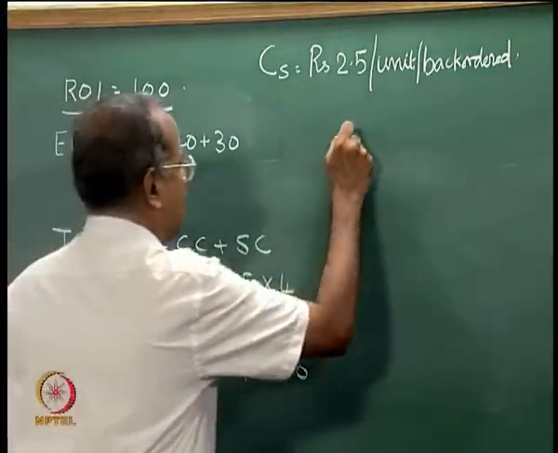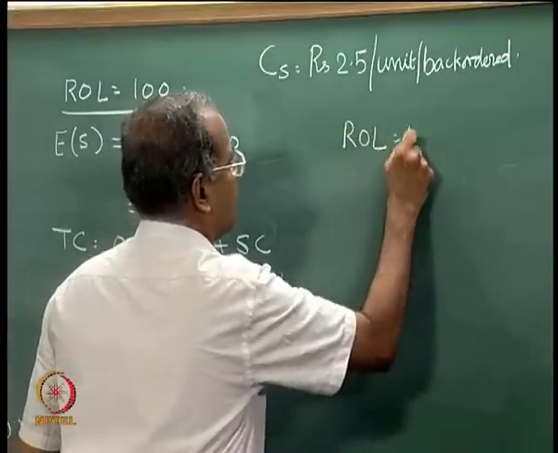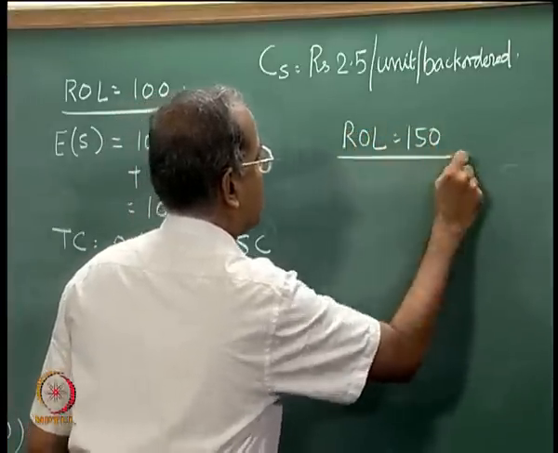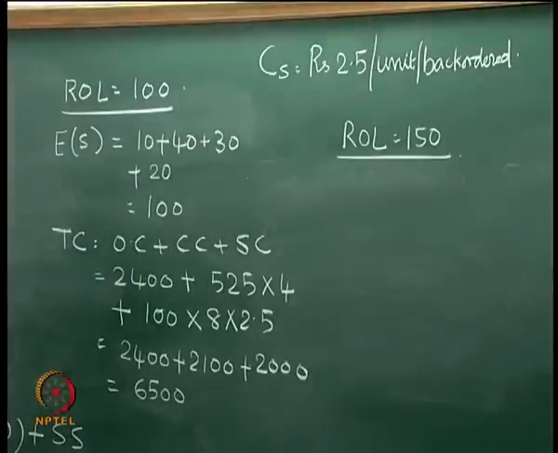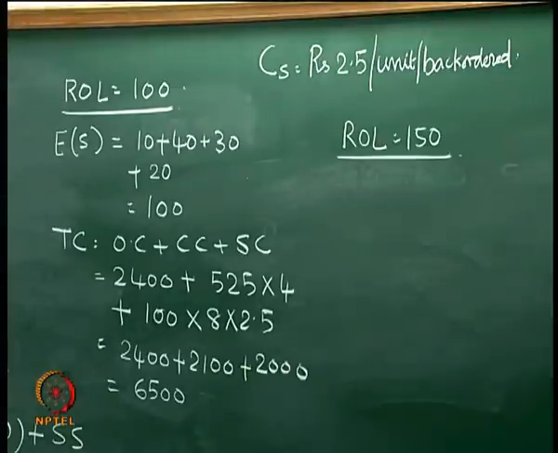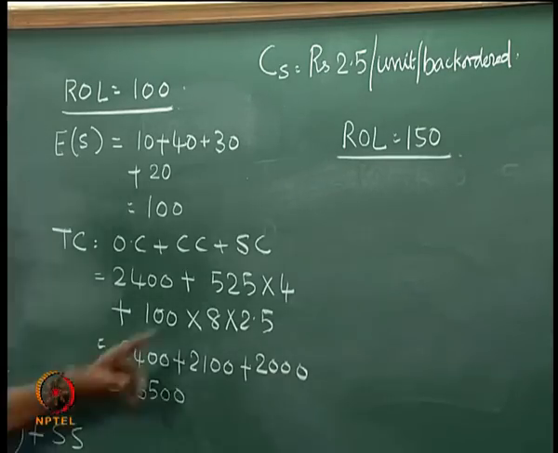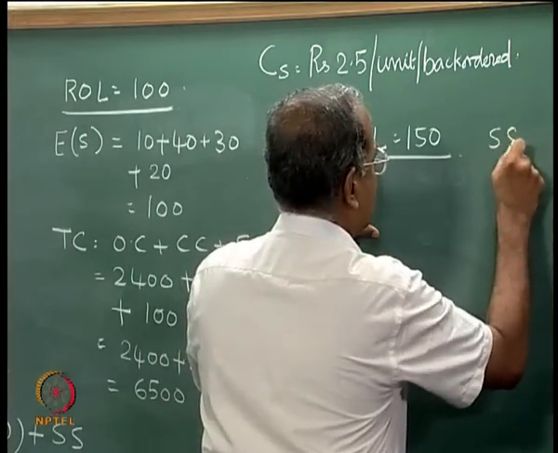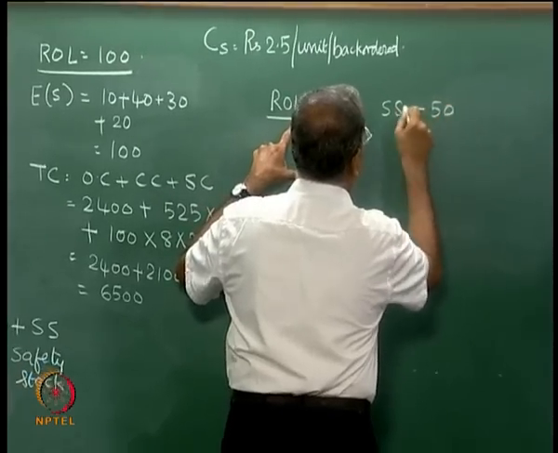If ROL is 150, first we calculate safety stock is equal to minus 50.